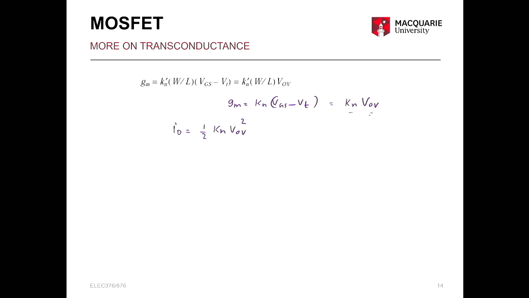So let's substitute for overdrive voltage. What is VOV? From this equation, VOV is root of 2ID divided by Kn.